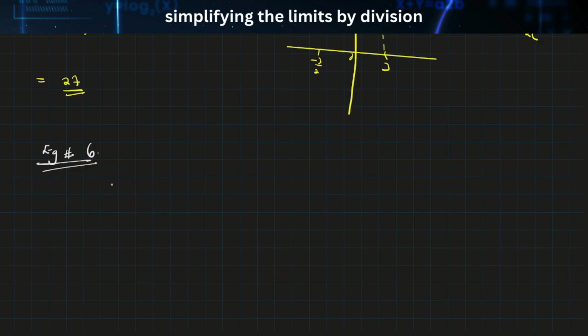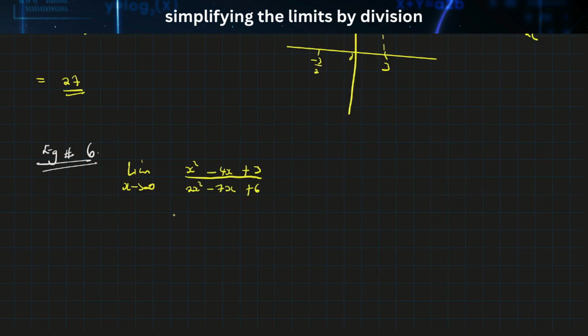So we're going to say as the limit, x is approaching, let's say, positive infinity, our function, which is x squared minus 4x plus 3 all over 2x squared minus 7x plus 6, right?